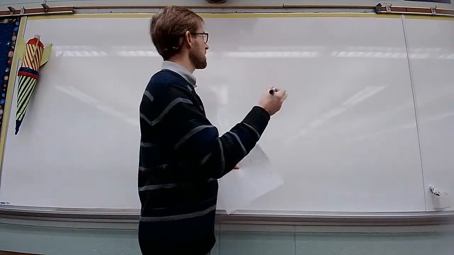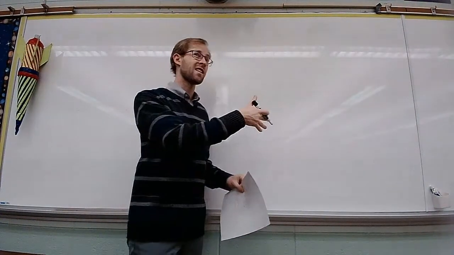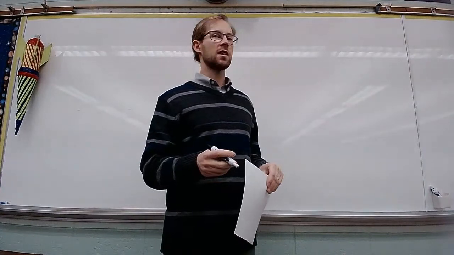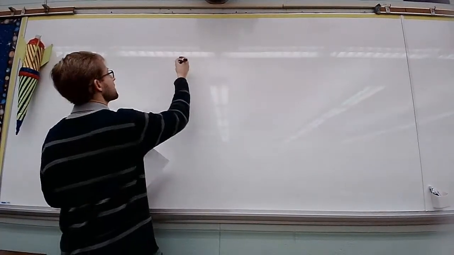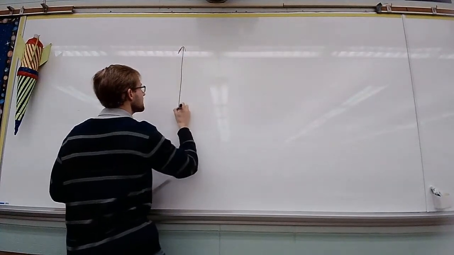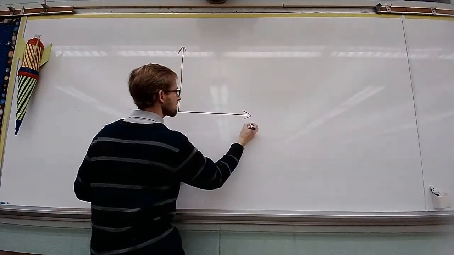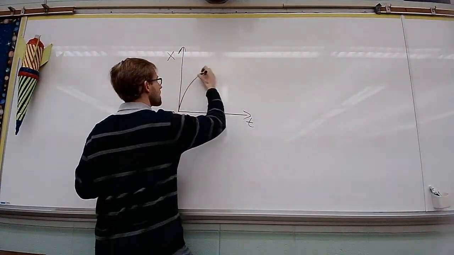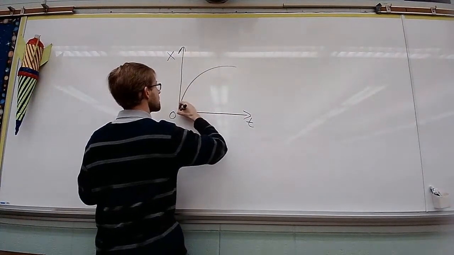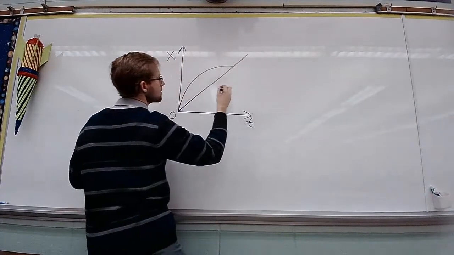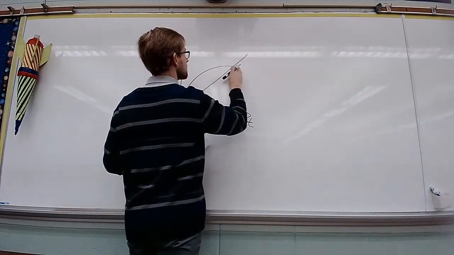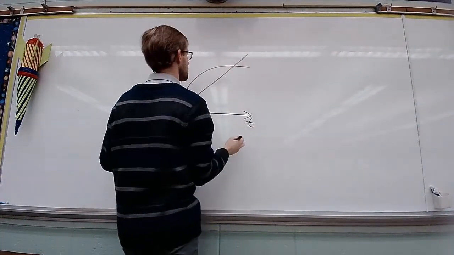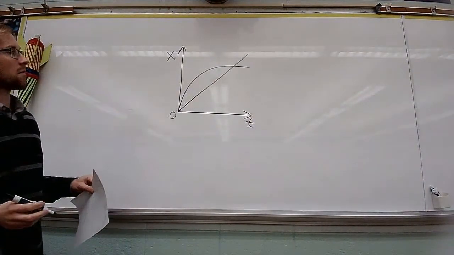Page 3 features another position time graph, kind of like page 1, except at least one of the objects will be moving with an acceleration or a deceleration. So that might be the graph that you're given.